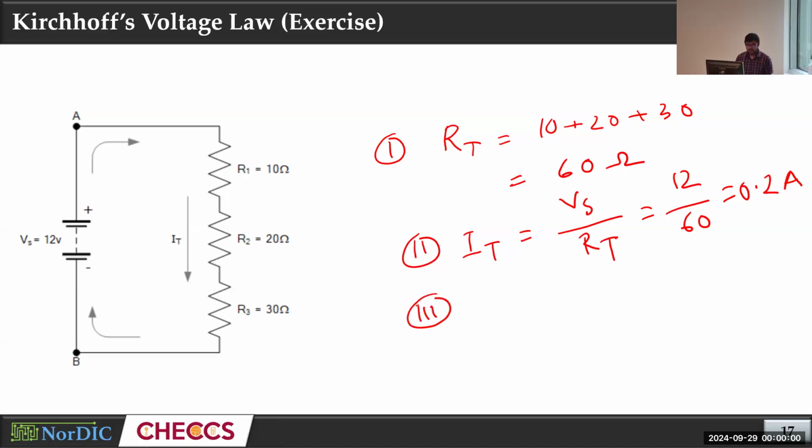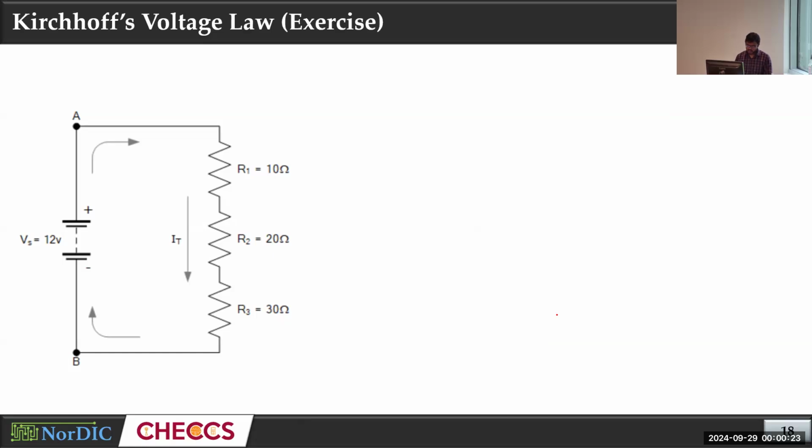Then the third question was to find the current through each resistor, and that should be the same because, as I explained, all the resistors are connected in series. So I1 equals I2 equals I3, and that should be equal to IT, which is 0.2 ampere. Right? Now the fourth question is, what are the voltage drops across these resistors? We need to find VR1, VR2, VR3.